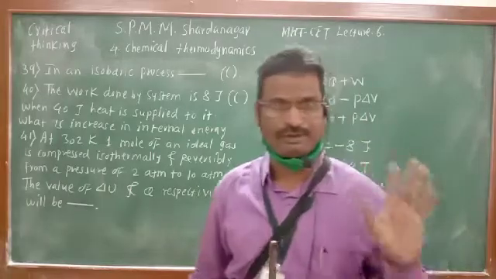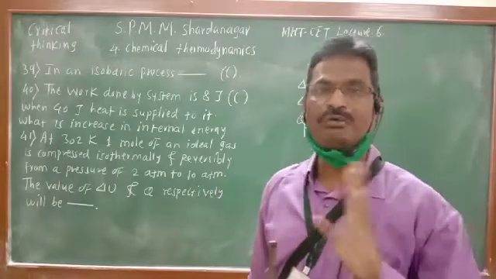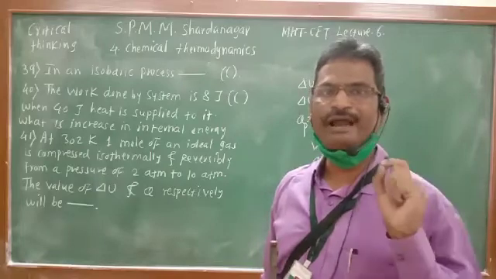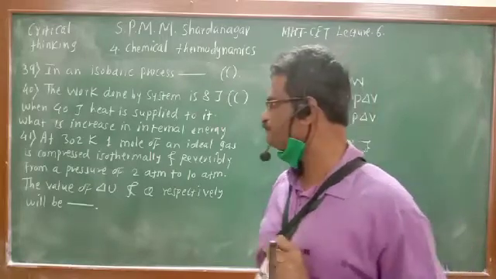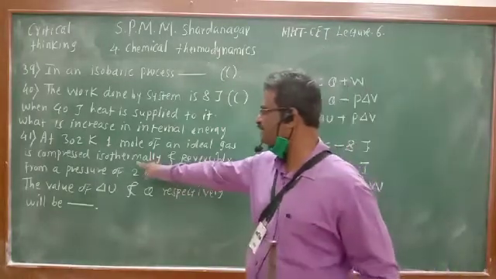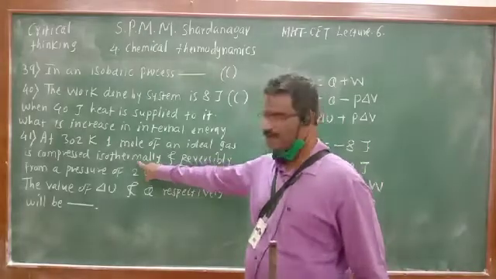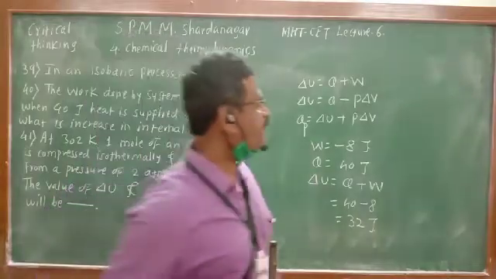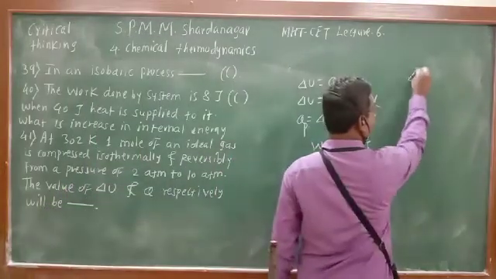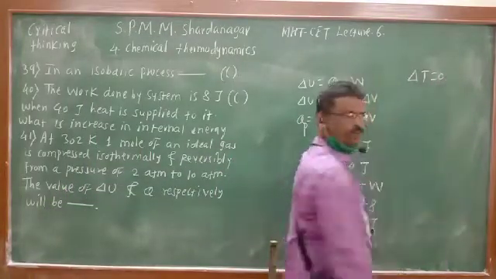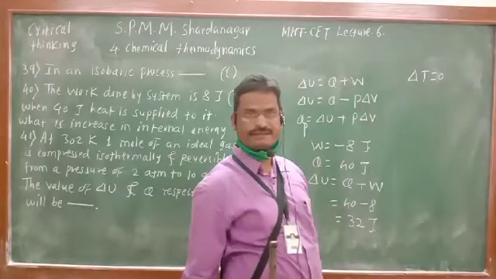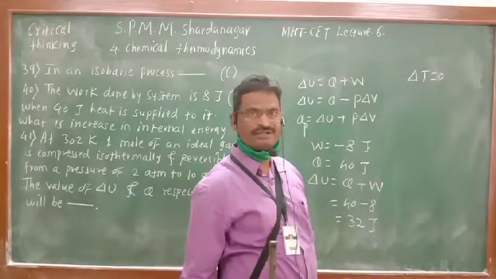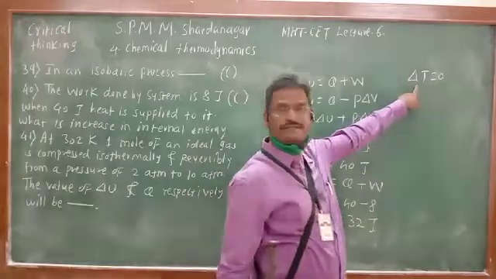The value of delta U and Q respectively will be? This is an important question. Without any solution, we can find out the option. See, the process is isothermal. What are isothermal processes? The processes which are carried out at constant temperature, for which delta T is equal to 0.